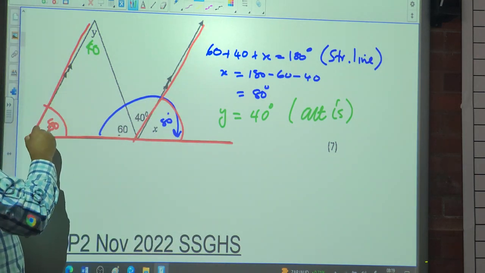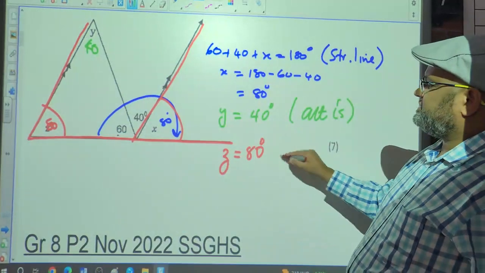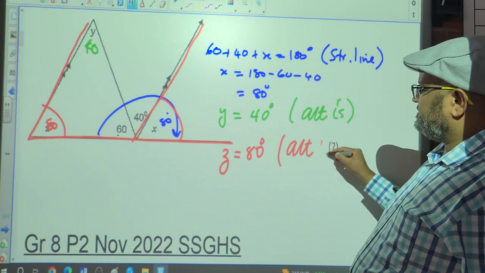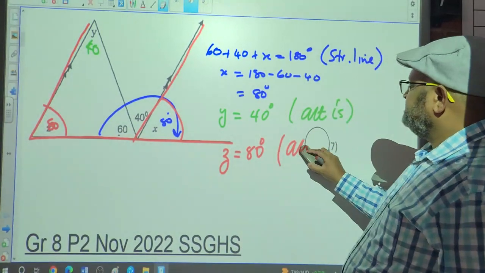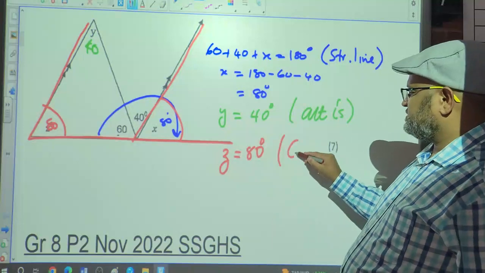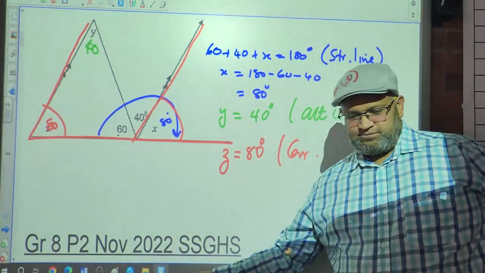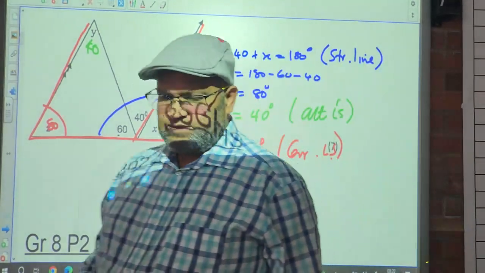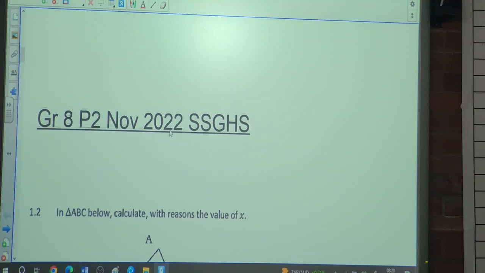So that's going to be 80. So z is equal to 80 degrees, sorry, corresponding angles. The F is corresponding, so it's corresponding angles. Any confusion there?